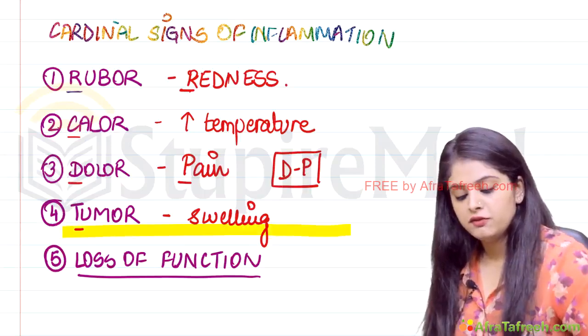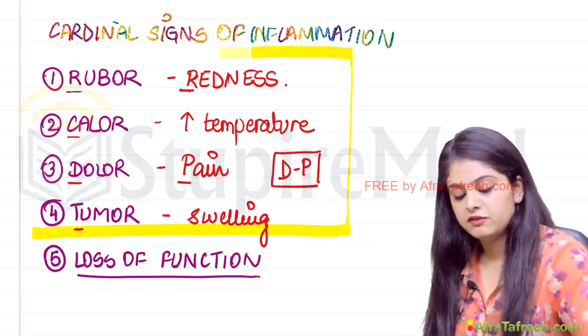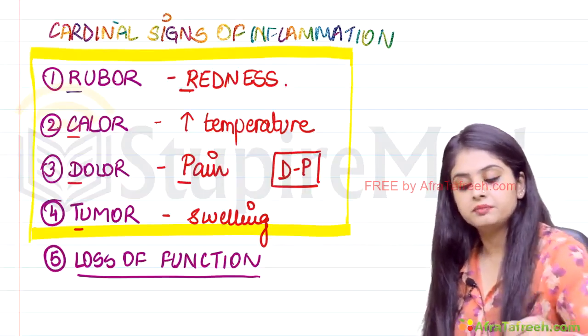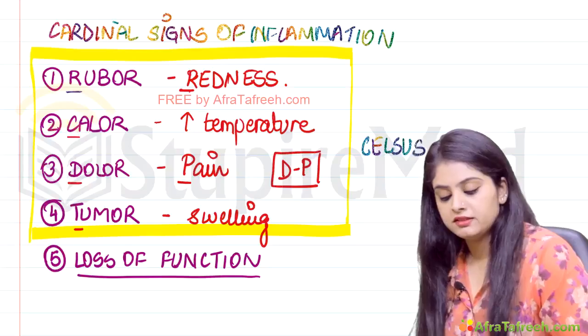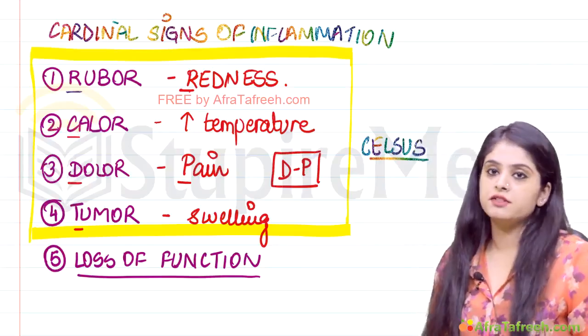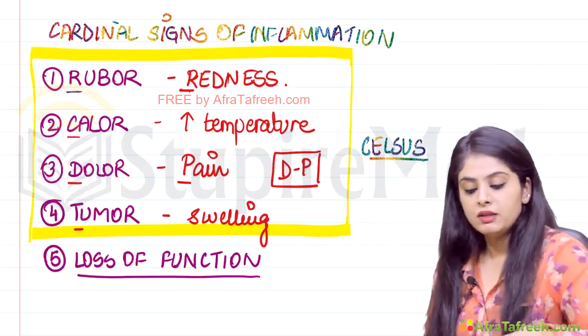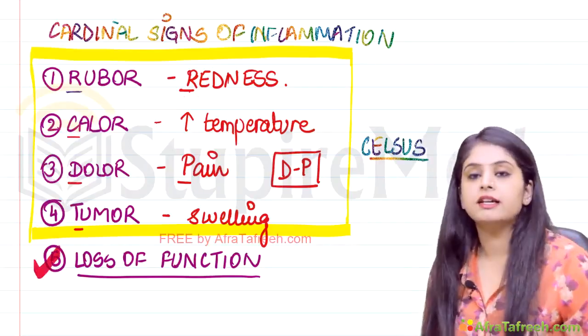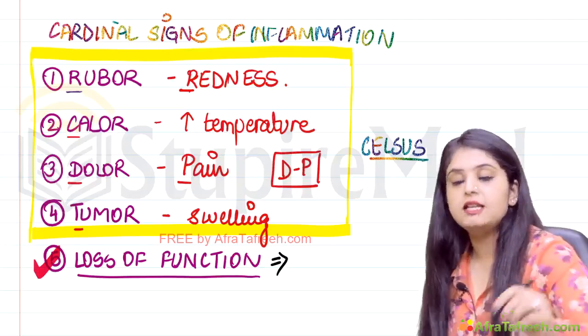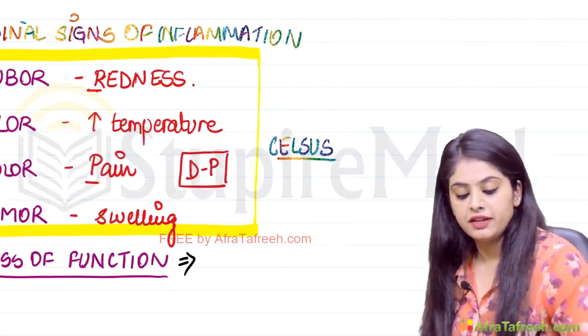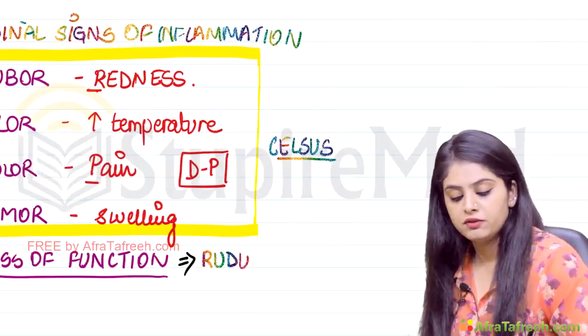Remember the first 4 cardinal signs: these were given by a scientist, Celsus. Celsus gave us the first 4 cardinal signs. What about the 5th cardinal sign, loss of function? This was given by a very important scientist, students, that is Sir Rudolf Virchow.